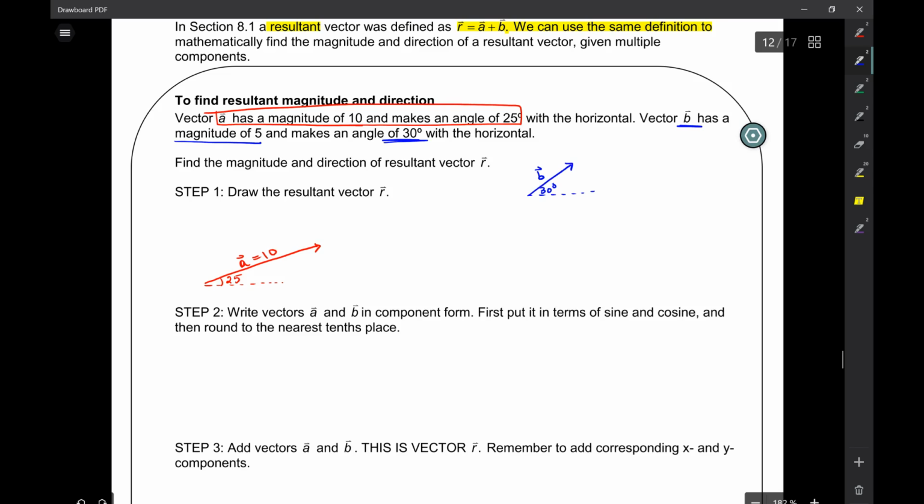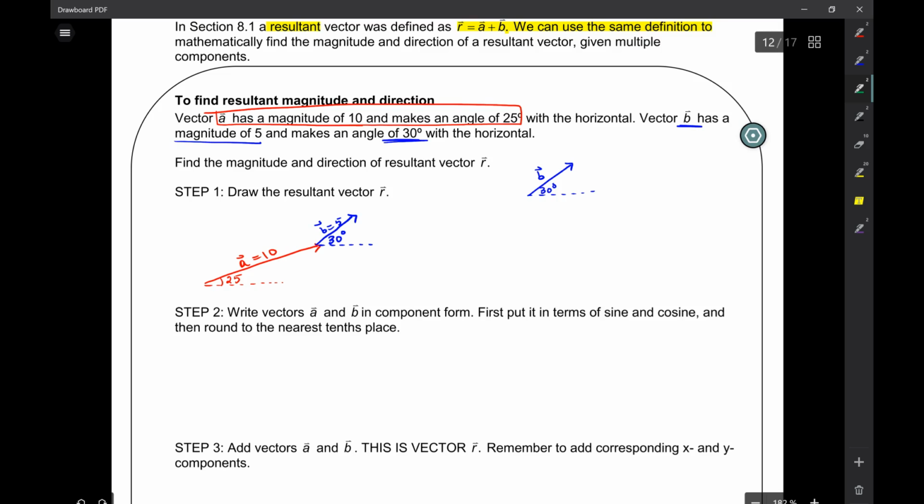Okay, now what I want to do is find the resultant of these things. So I need to take B and put it as a continuation of A, right? So why don't we do that? I'm just going to take that whole setup and move it over. That's the horizontal line, 30 degrees, and it's got a magnitude of 5.